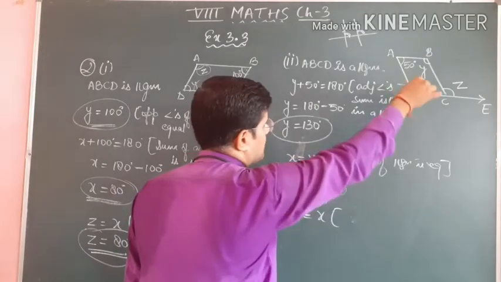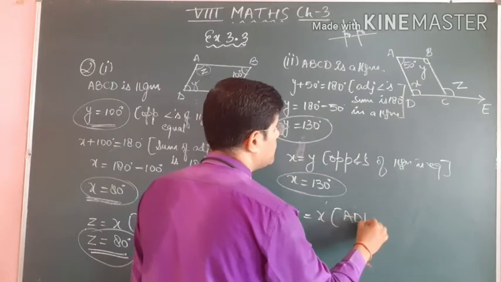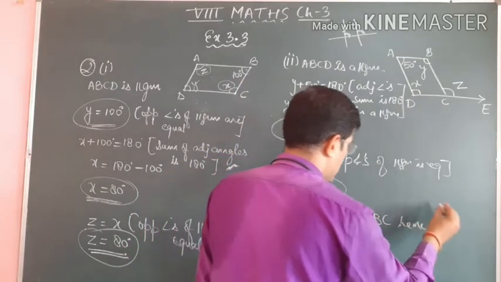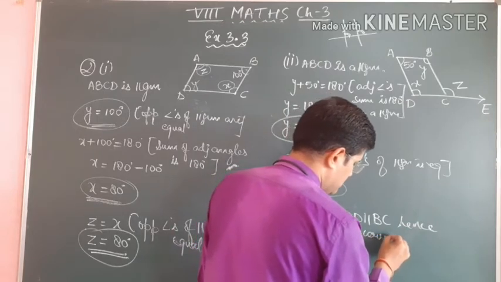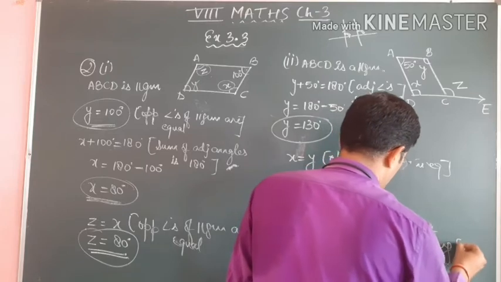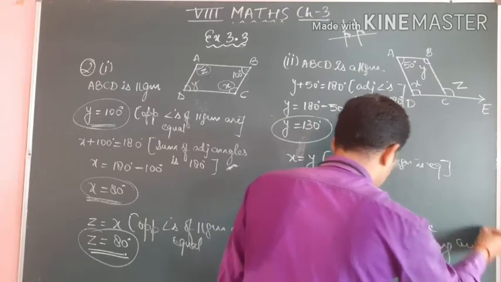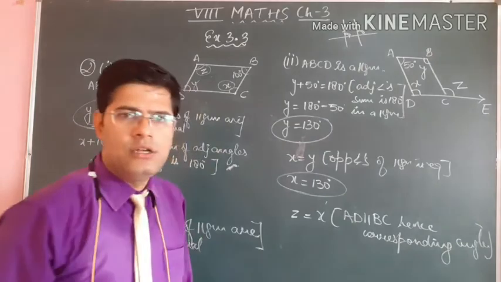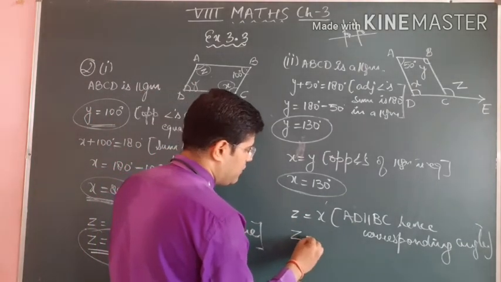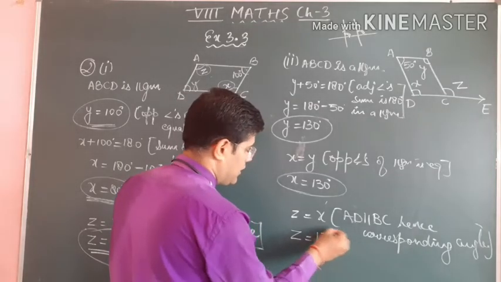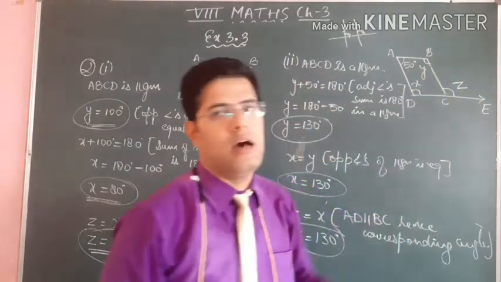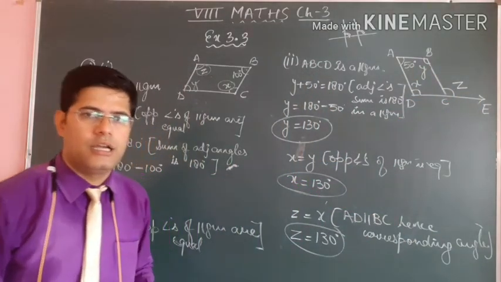So we write firstly AD parallel to BC, hence corresponding angles are equal, so z is equal to x. So what will z be? z will be 130. So x, y and z are all 130 degrees.